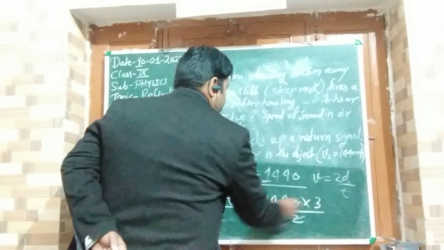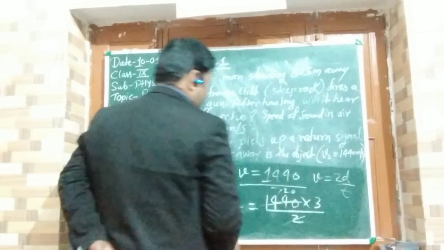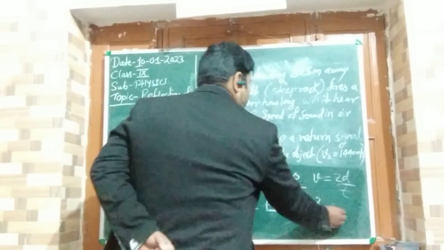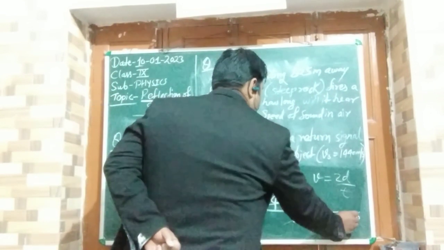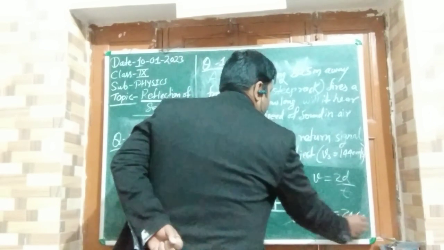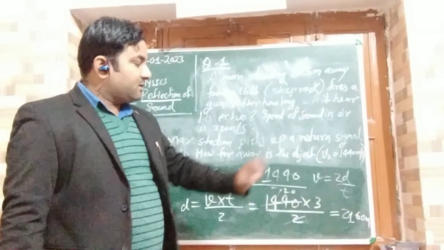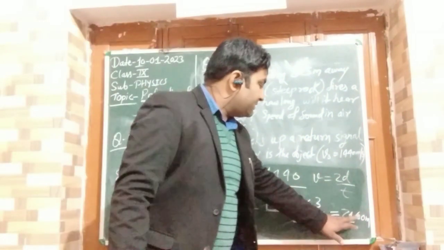Then cancel out 2 into 14, 2 2 is 4 and 0. Clear? 3 2 is 6, 3 7 21, 2160 meters. So the object is at a distance of 2160 meters.